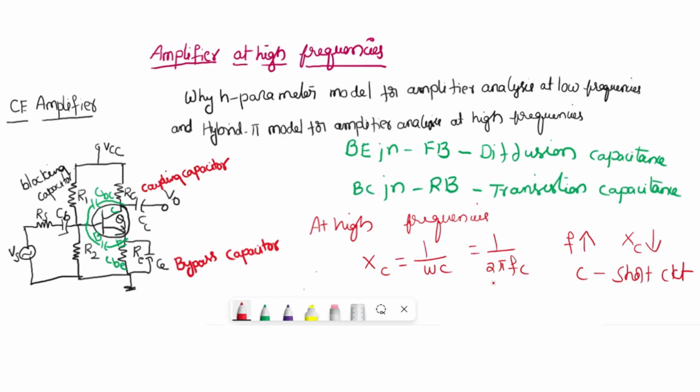So now let me draw the amplifier circuit by shorting all the capacitors. Short this CB, short the junction capacitance CBC, short this junction capacitance CBE, short this coupling capacitor and short this bypass capacitor.